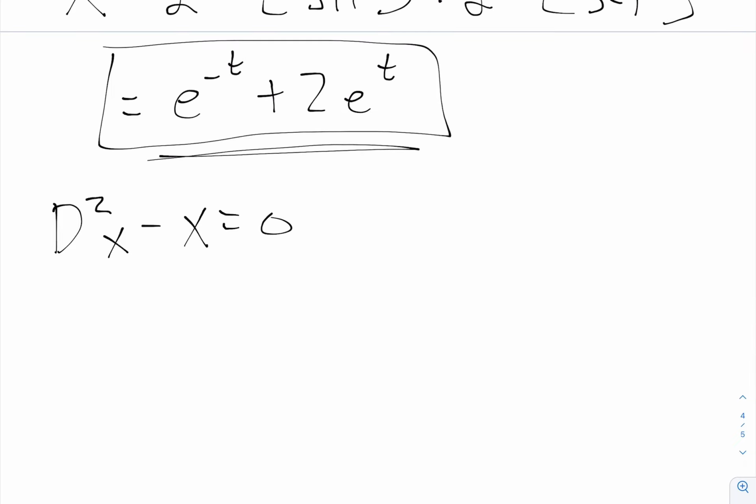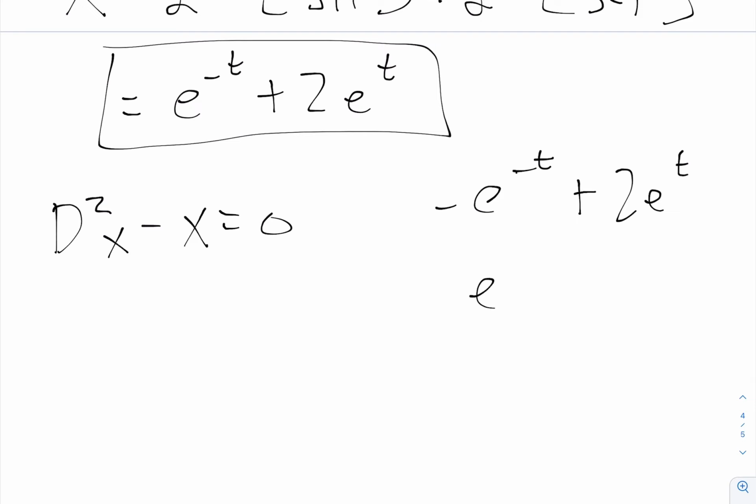It's not just one of these, it's the whole thing. The first derivative of that is going to be negative e to the negative t plus 2e to the t. And if we take the derivative again, we're going to get positive e to the negative t.